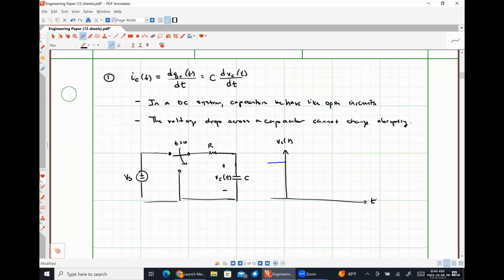And it'll actually have a constant value of Vs. After our switch opens up, what we are going to find out after a fairly lengthy derivation on Wednesday is that our capacitor voltage will exponentially decay toward zero, and that the rate at which that exponential decay occurs depends on the capacitance value and the resistance value of the system.